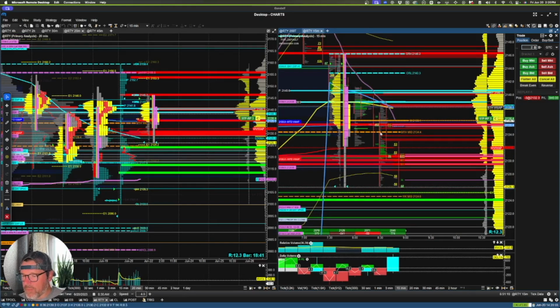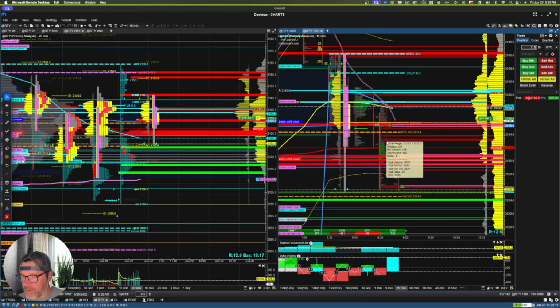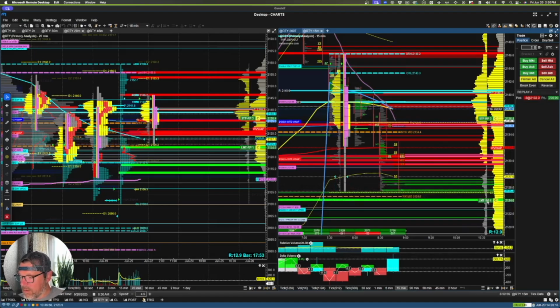Notice on this 30-minute profile how there was some acceptance here, around 2130, 2135. And we are getting down here to where we want to take some off. So we can see little pullbacks to try to accept and build out the profile. So this is when we talk about acceptance. There's some acceptance here. There's not acceptance down here yet. Okay. We're kind of back at where those sellers showed up earlier.